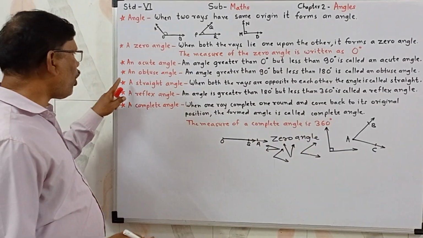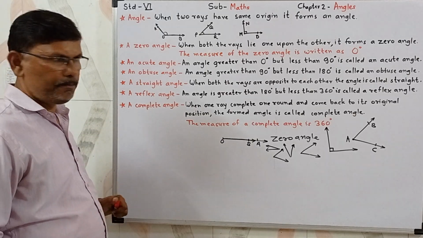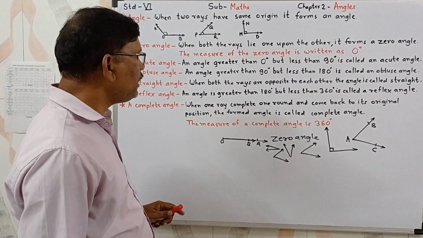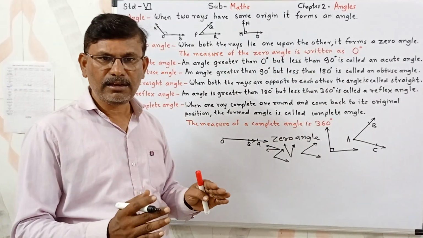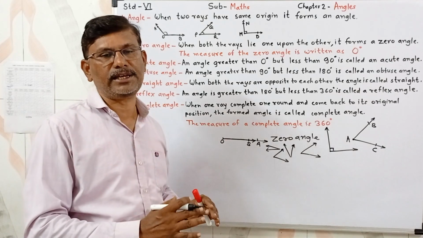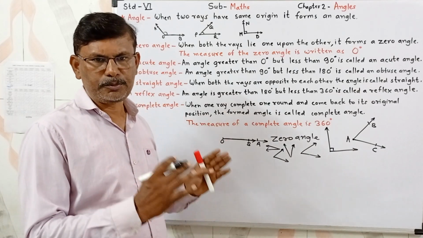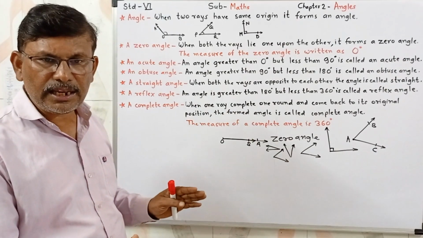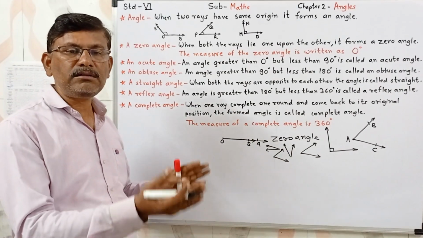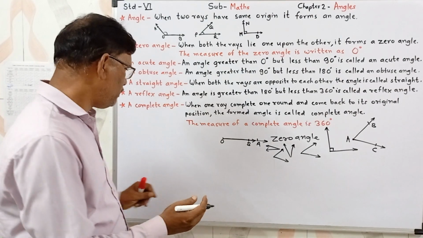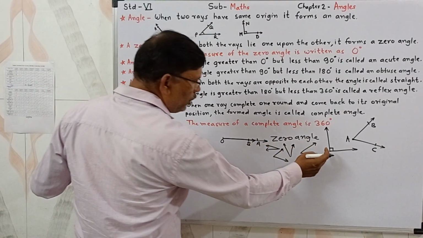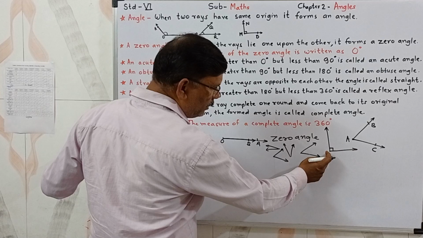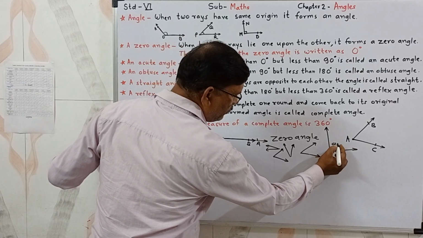Next one is an obtuse angle. An obtuse angle is greater than 90 degrees but less than 180 degrees. We know this is a right angle, a 90 degree angle.